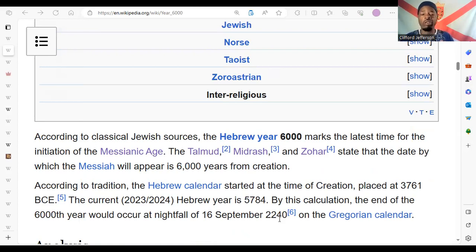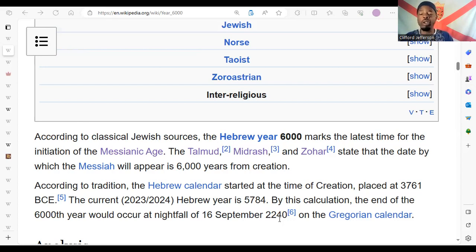So we're talking about the Jews and their return to the Messiah. And as we know, their end of creation and the creation story and the judgment story has come to its completion, as calculated by the Gregorian calendar, as they said, the year 2240.